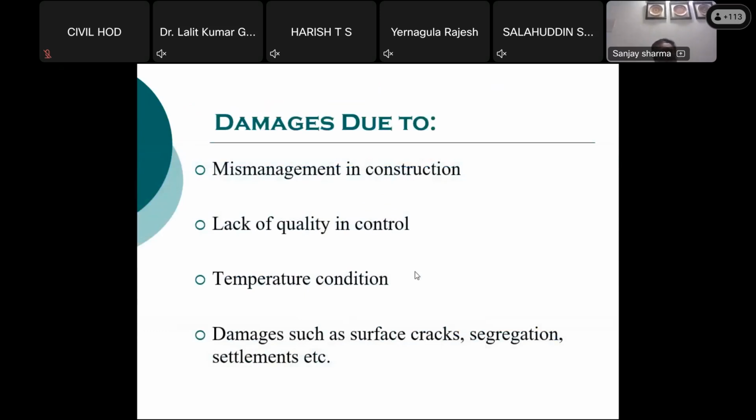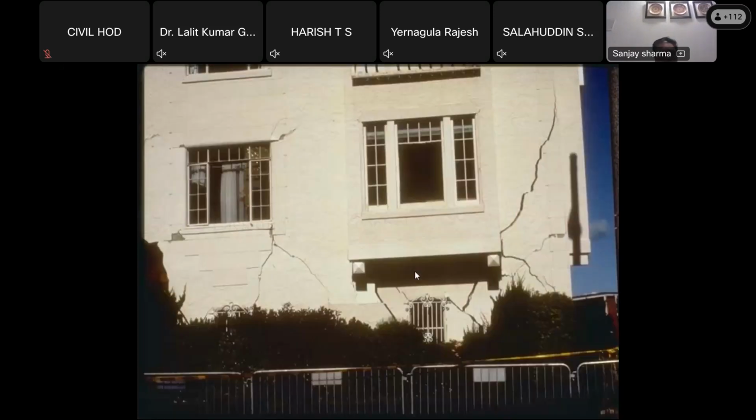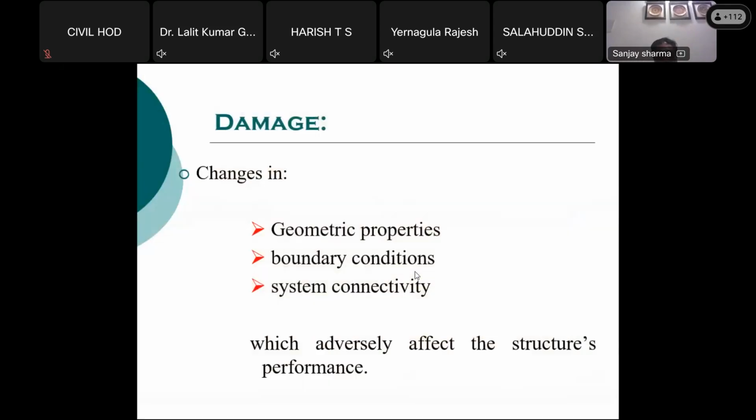And why do we do this? Because during the service period of any structure, there may be damages due to mismanagement in construction, lack of quality control, temperature conditions, and damages such as surface cracks, aggregation, settlement, etc. Why are there these cracks, how many cracks, what is the width, to what extent are they going, and what is happening with the passage of time, we need to see that also.